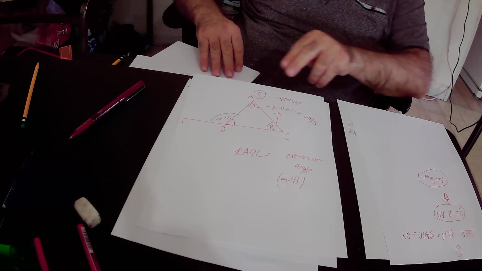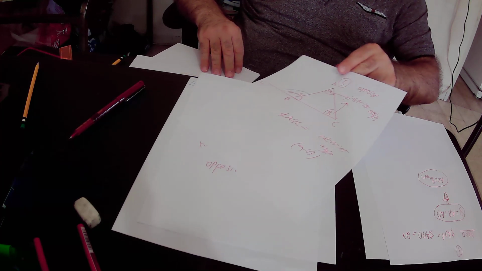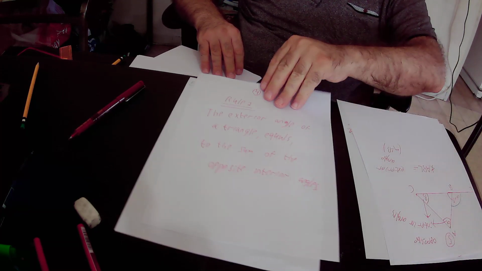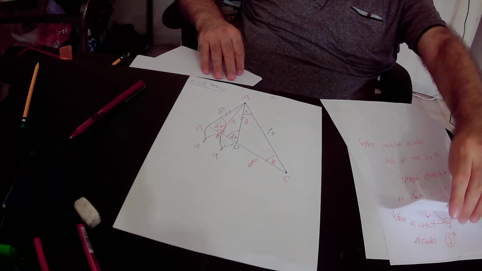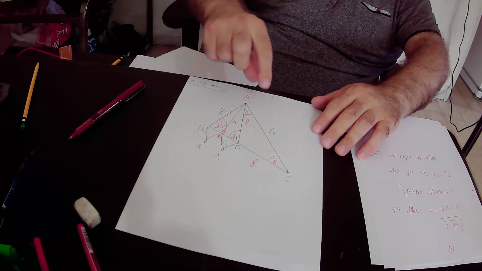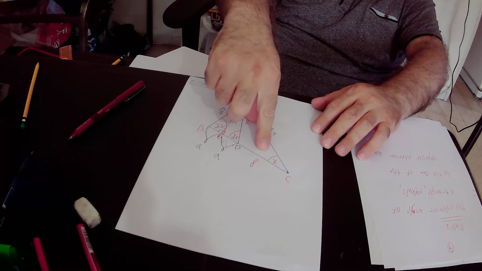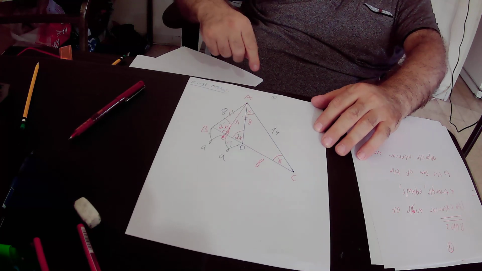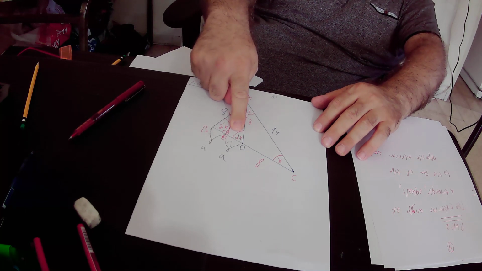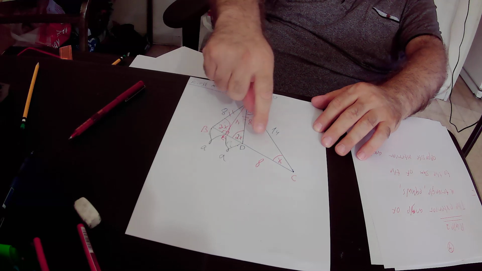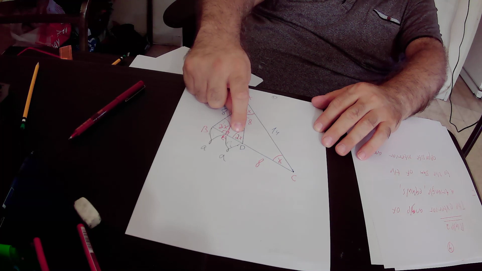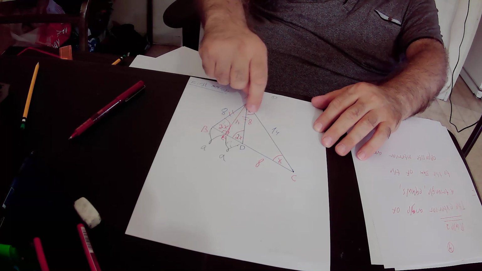So we can implement rule number 2 in our triangle. If we relate to triangle ADC, it has this angle that is 2x, which is an exterior angle to this triangle. So this exterior angle 2x must be equal to this angle plus this angle.